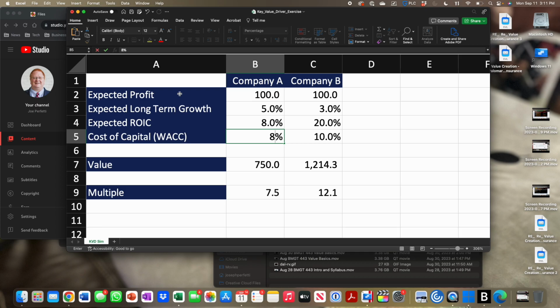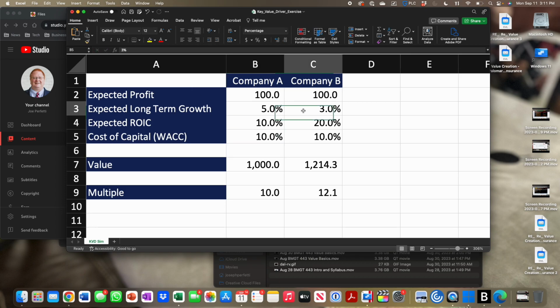Watch this. Let's say, I'm going to reset this. Company B, Company A, both increase their spread by 2 points.